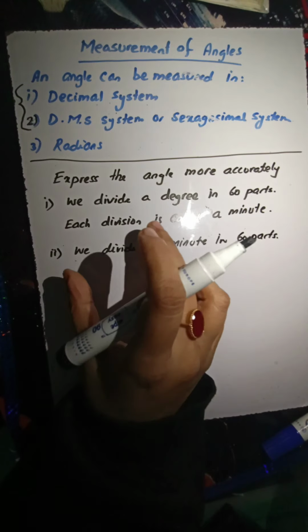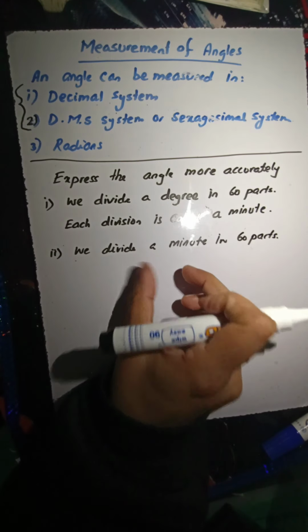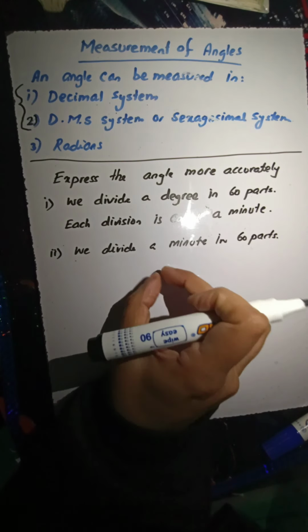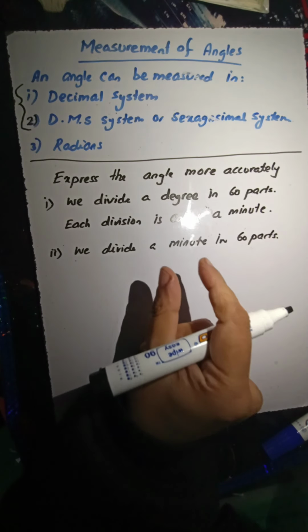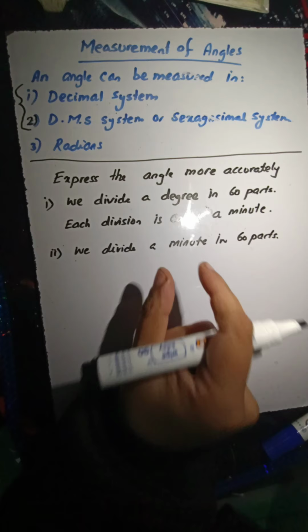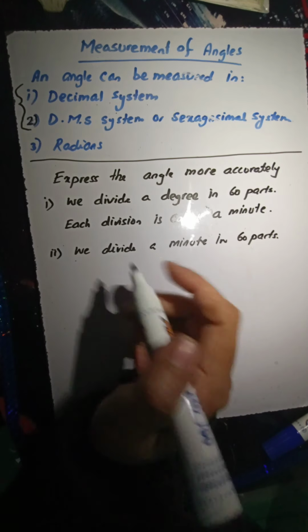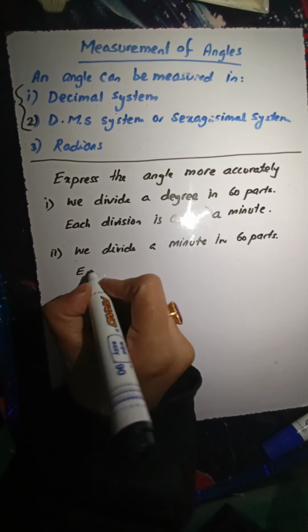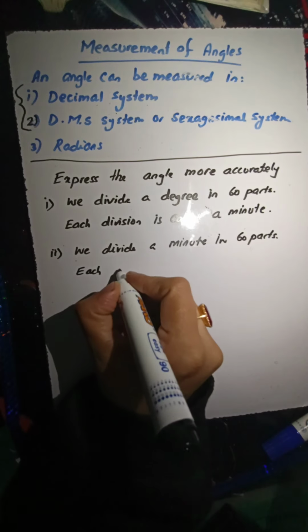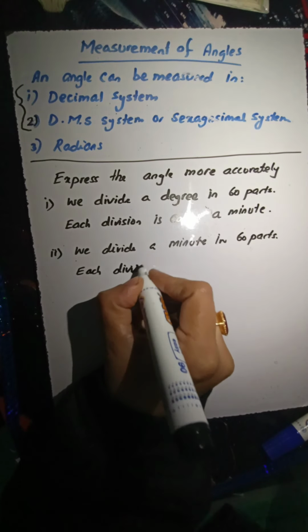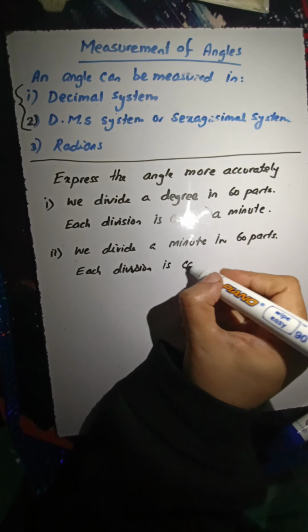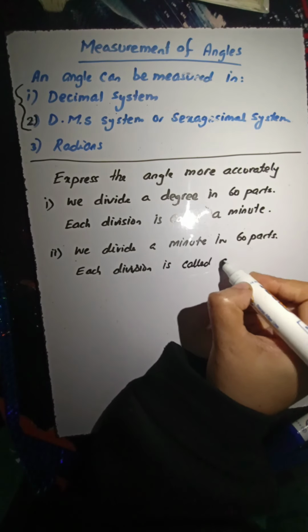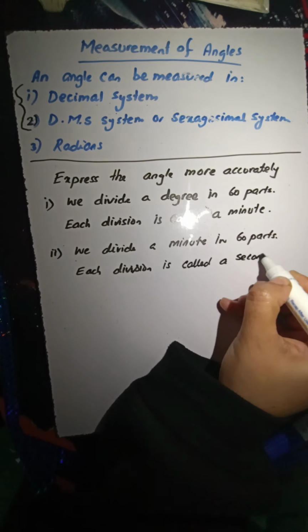Again, we have divided 1 degree into 60 equal divisions. Each division is called a minute, and then we have taken a minute and further divided it into 60 parts. Each division of a minute is called a second.